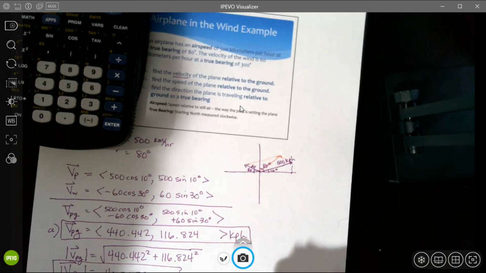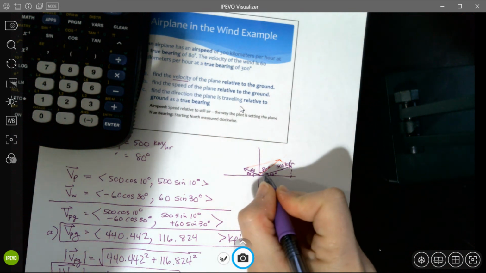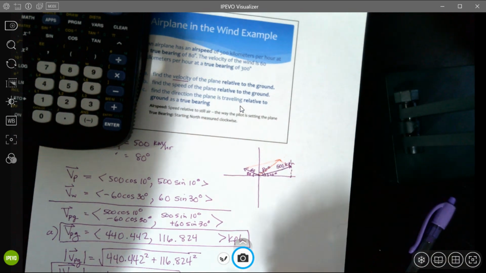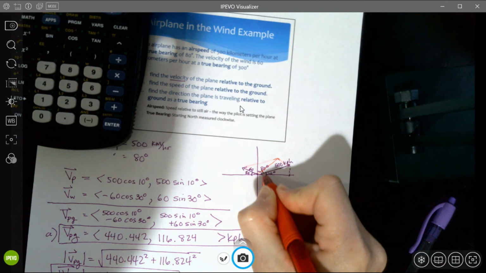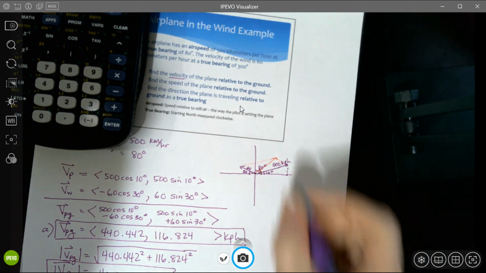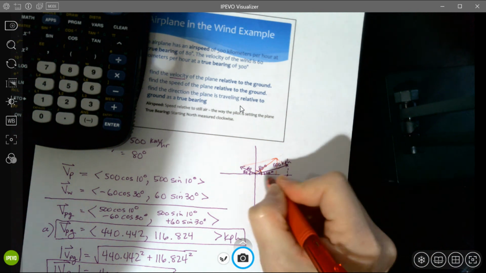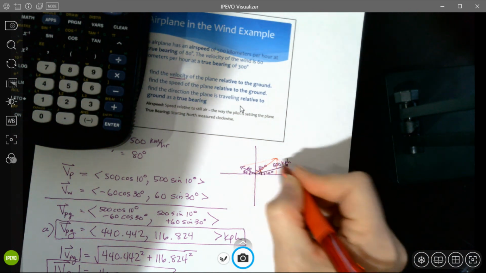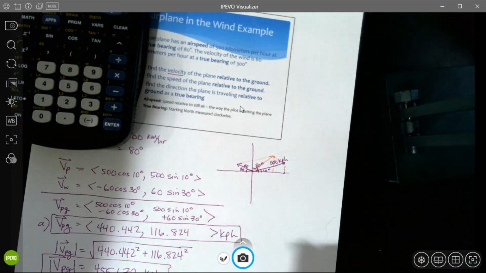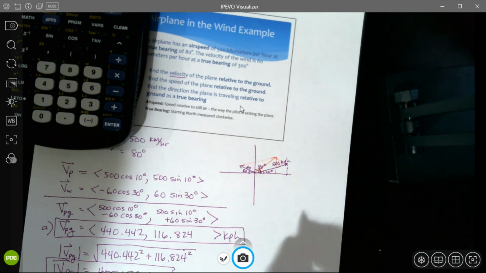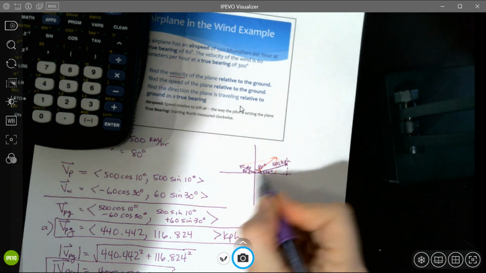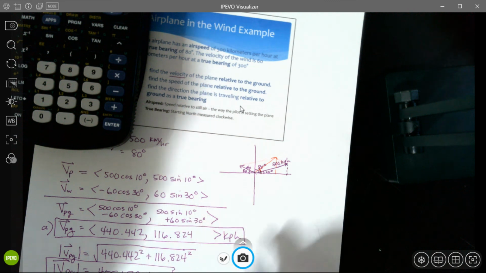And the angle, we'll want this angle here. Let's use the red so we can see it. We'll want this angle here. Okay, and so we'll think about this triangle, right? The cosine is going to give us the y, and the sine is going to give us the x. Or we want the tangent actually, because we already have the x and the y.